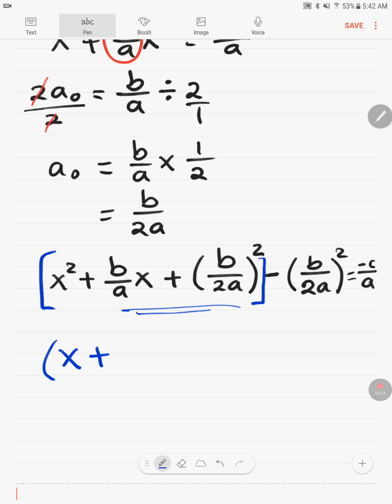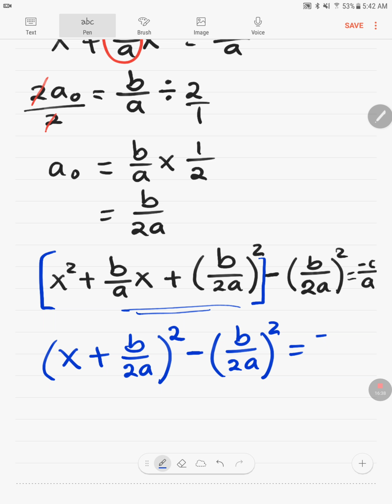Where is a0? It's b over 2a, squared, minus b over 2a squared, is equal to minus c over a.